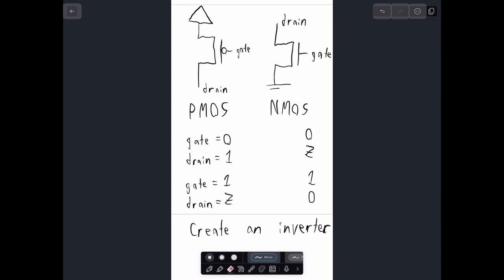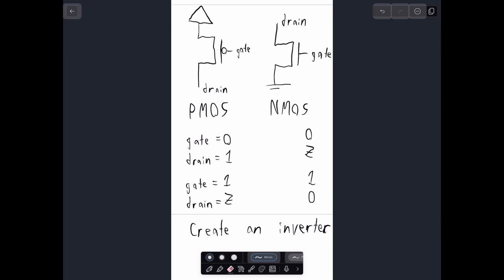Let's see if we can just do the PMOS part first. Okay, so we should have a 1 being driven any time that we ever have a 0. So if we ever have a 0, then we should have a 1 being outputted by the PMOS circuit. So how can we do that?